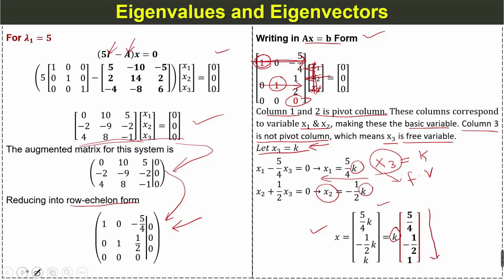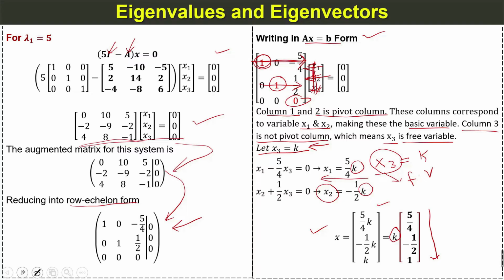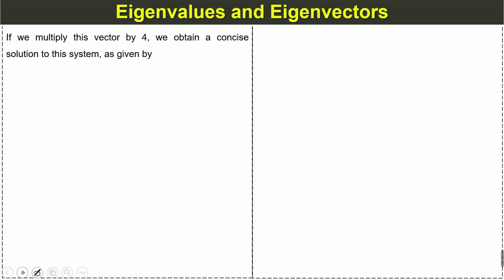If we multiply this vector by 4 to remove this fraction, to simplify them, we obtain a concise solution to the system as given here.